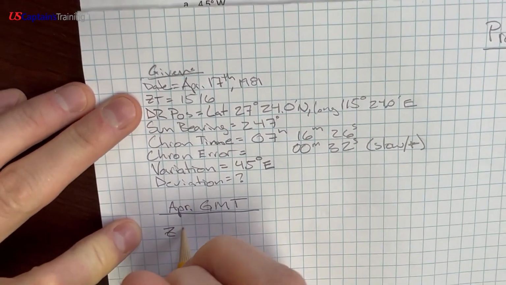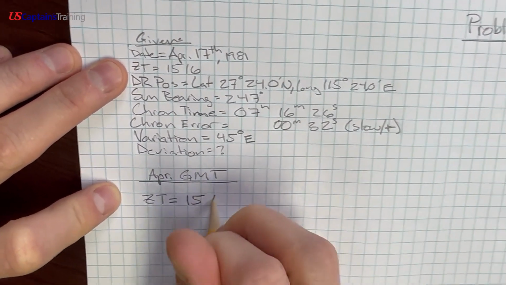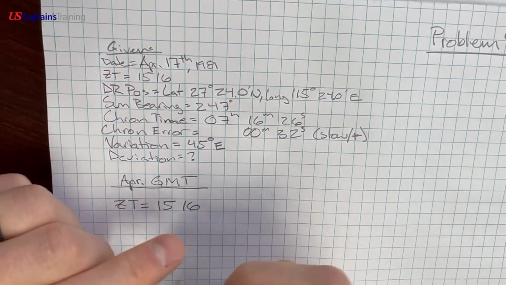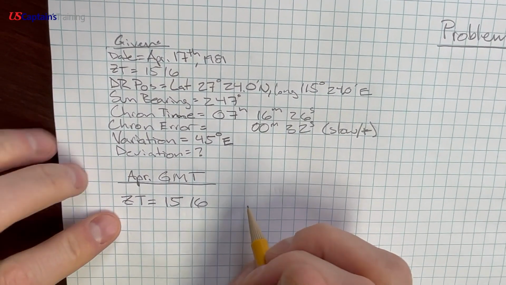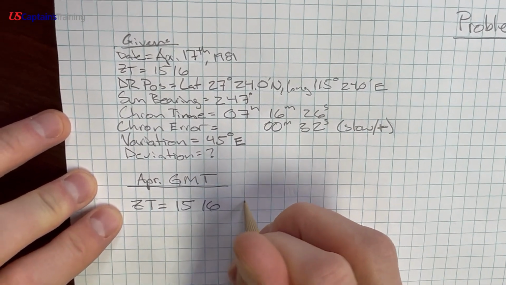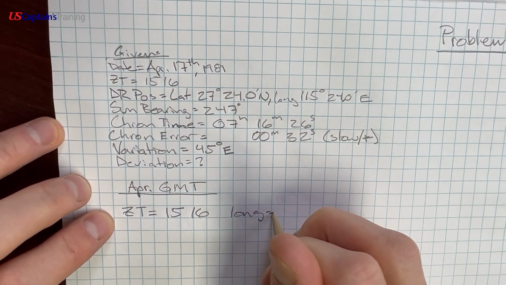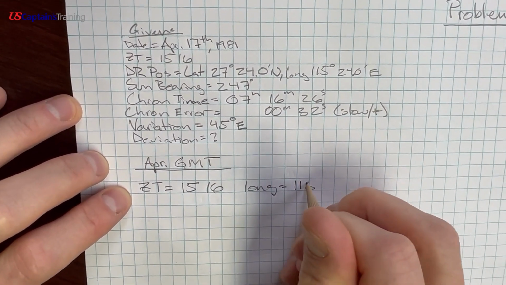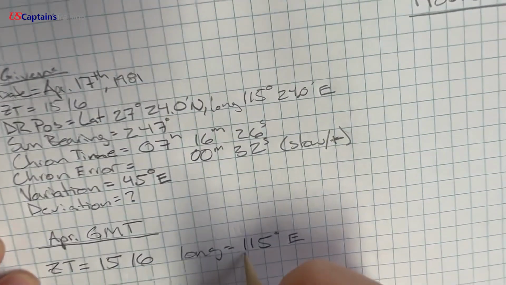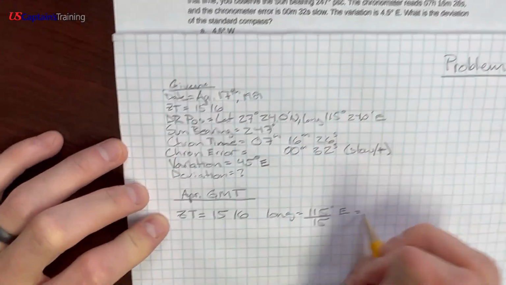So our zone time is equal to 1516. And now we have to figure out the hour correction to get to Greenwich. So take our longitude, which is equal to 115 degrees east, and divide it by 15. You don't have to worry about the minutes much here.